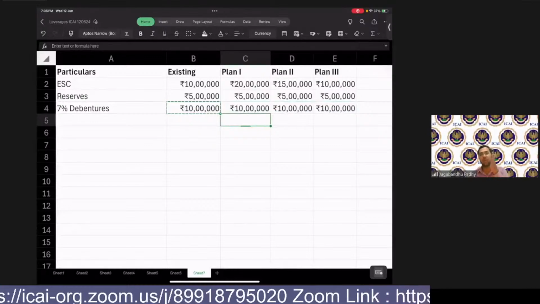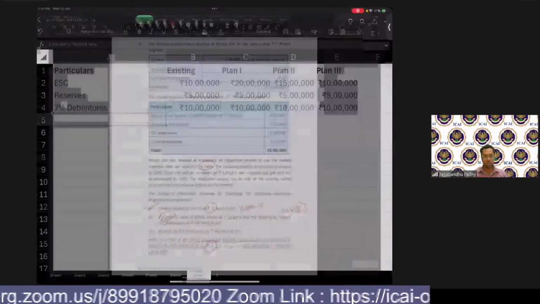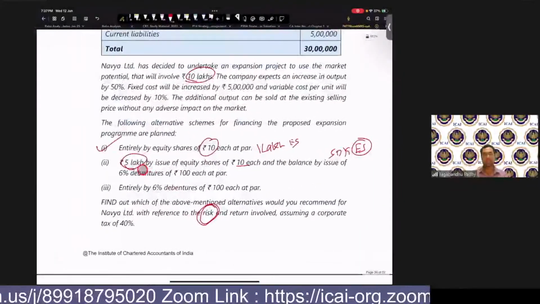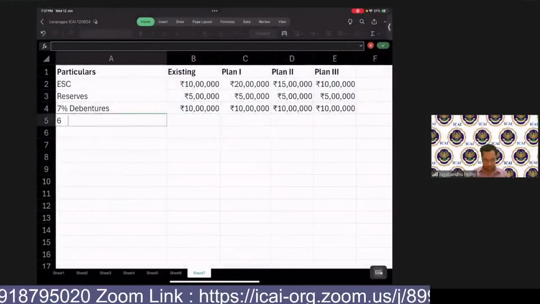These debentures are going to be there irrespective of the plan that you choose. New debentures are issued if you're going for plan two and plan three. And the cost of new debentures, as the question says, is 6%.